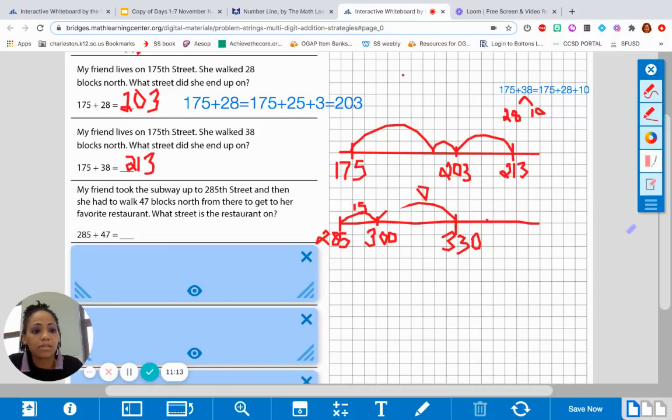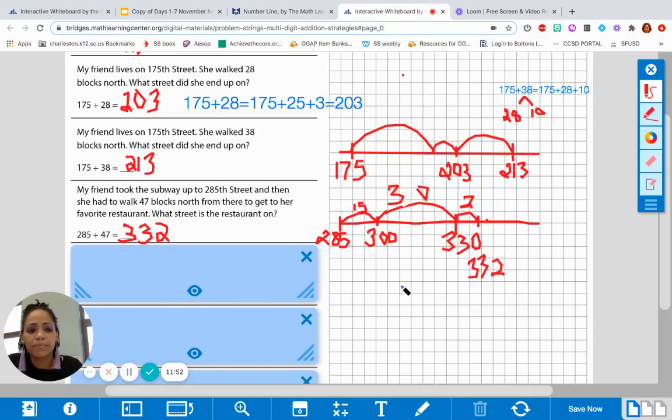This may not look like a 3, so let me fix that. Right, we have to add 2 more. So let's add 2 more, because 30 plus 15 plus 2 is 47. So what's our answer? 332. And I'll write it down here so we can really see it. Good, 332. So 285 plus 47 is 332. You guys are doing awesome.